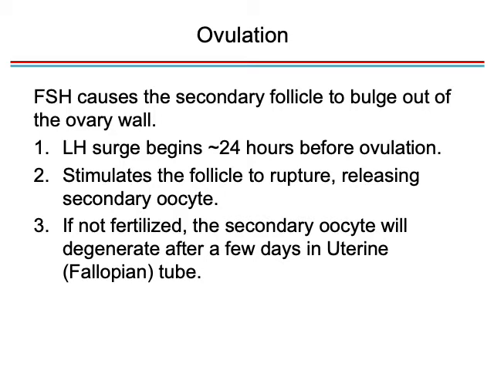This causes huge changes to the ovary, especially the secondary follicle, which breaks the membrane, and the secondary oocyte is forced out into the abdominal cavity, very close to the fallopian or uterine tube, which, using cilia, brings the secondary oocyte into that structure.